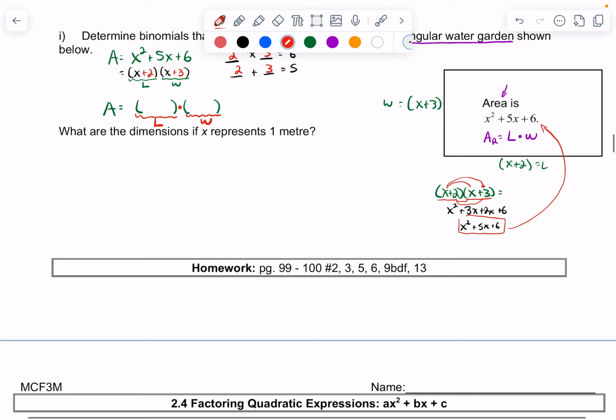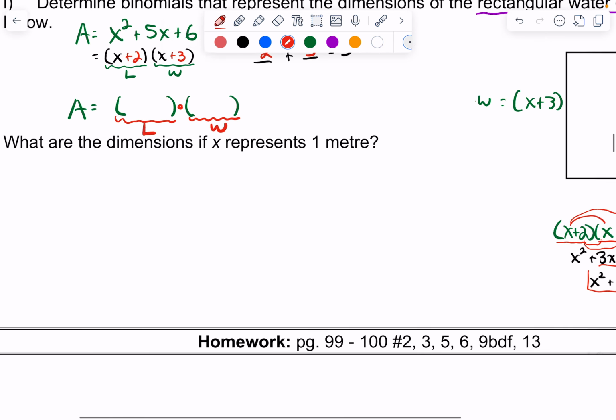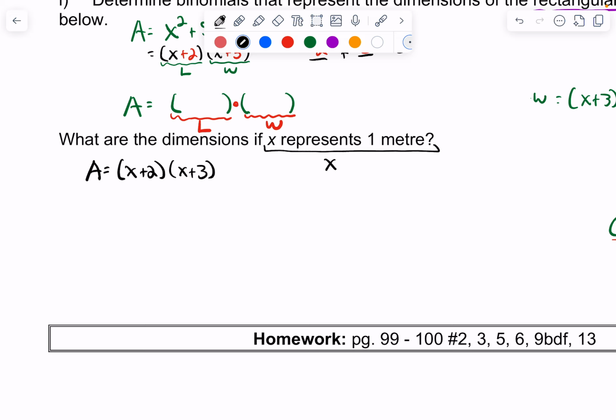Last question, what are the dimensions if x represents 1 meter? All right, well, if you have your new area expression where area is x plus 2 and x plus 3, I want to know what it represents when x equals 1. So take 1 and substitute in for that x and that x.